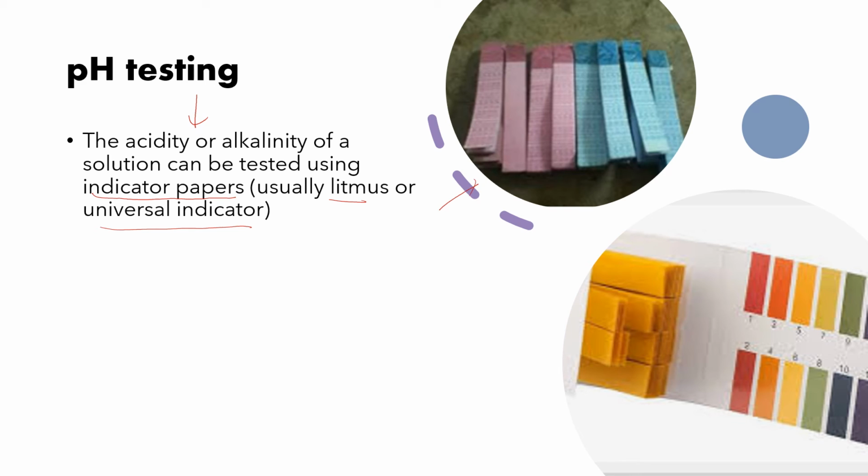Here for the litmus, we have the red one and the blue. When we have an acid and we put in blue litmus, the blue will turn red.